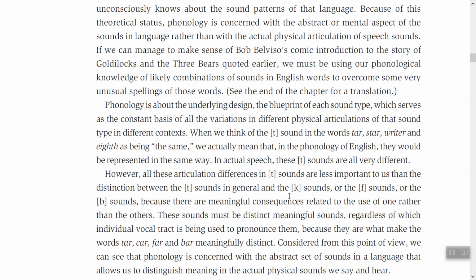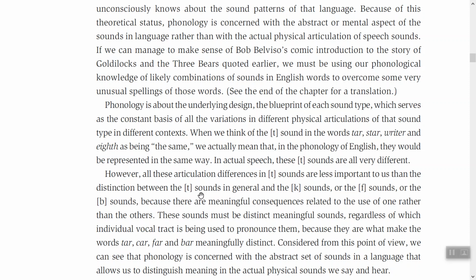So this is phonology. We said that phonetics is the study of what human speech sounds, how sounds are produced, how sounds are made. But when we come to phonology, it is not with how sounds are produced, rather with the system of these sounds.